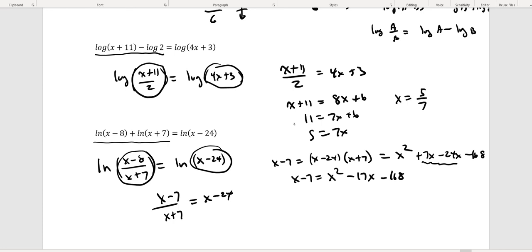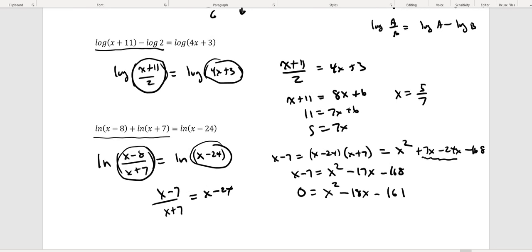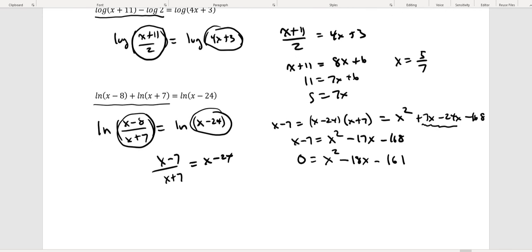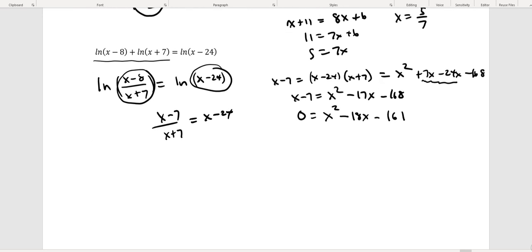Subtracting the x and the 7, so 0 equals x squared minus 18x. And then we'd be adding 7, so I guess that's minus 161. Oh, good grief. Don't really see that factoring.